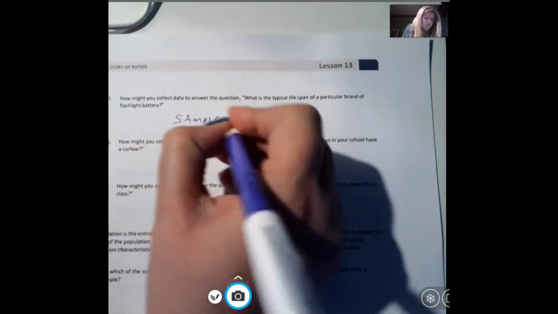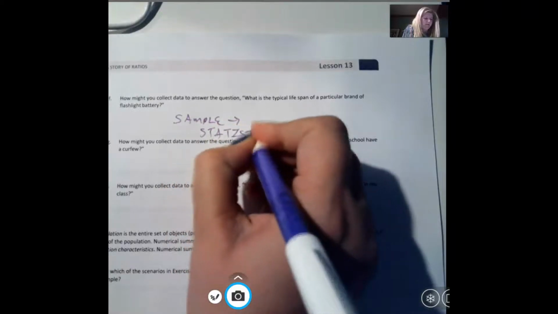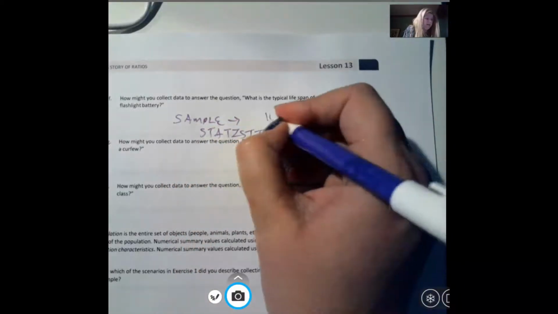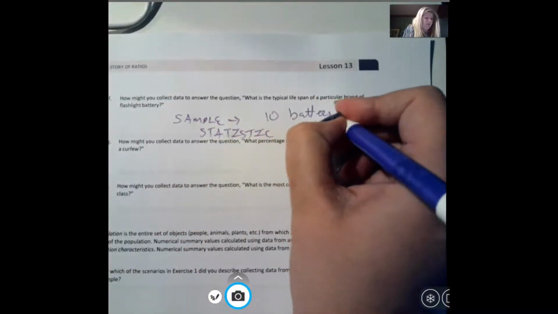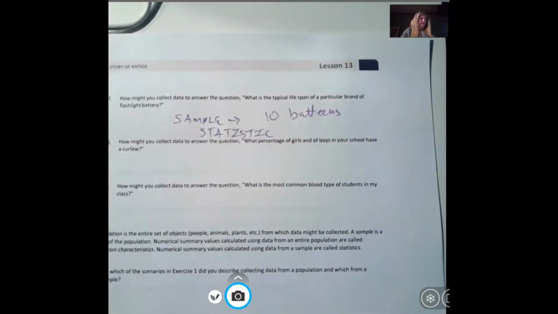So a sample would be more reasonable here, which would give us a statistic. It's probably going to be, I don't know, let's test 10 batteries or even 100 or 1,000. Testing 1,000 batteries would be way better and cheaper than testing all of the batteries that Duracell makes at the moment or has in existence.